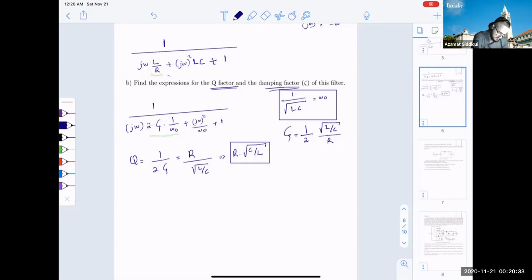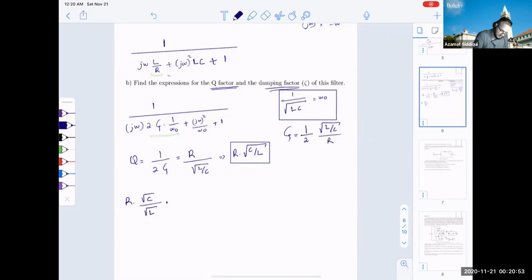So omega naught is 1 over square root of LC. So L is in the denominator already. Let's rewrite this: R times square root of C divided by square root of L.